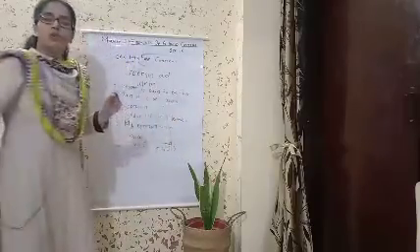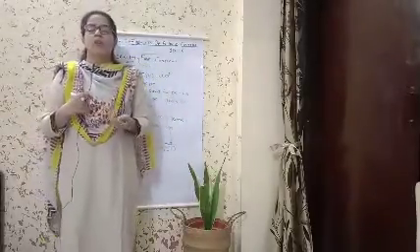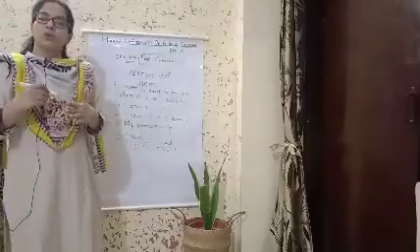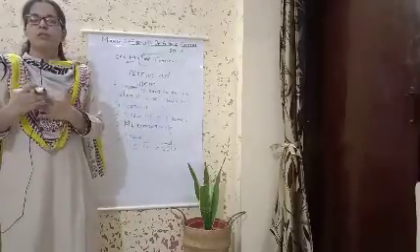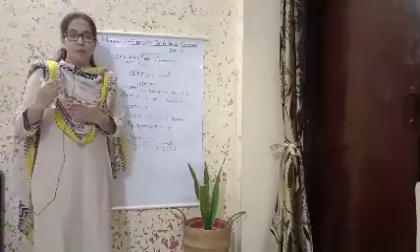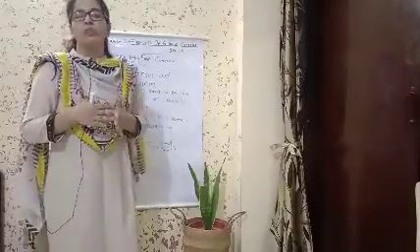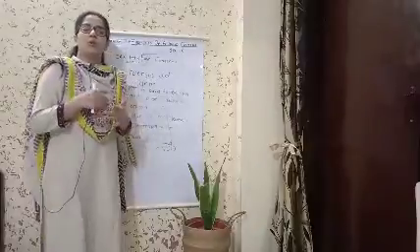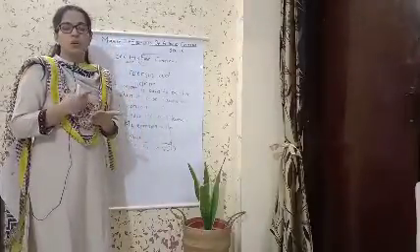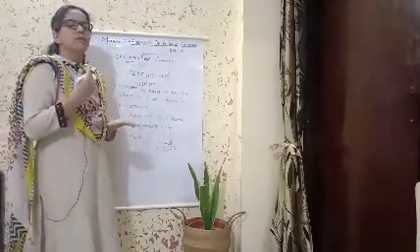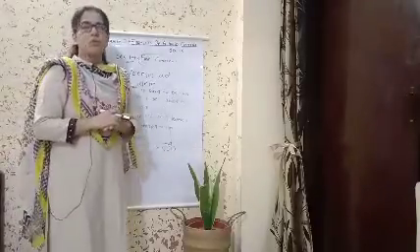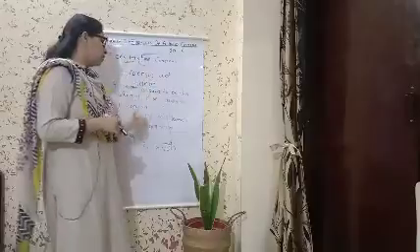Do you know the difference between void and voidable? We have already seen that a contract which is enforceable at the option of one party but not at the option of the other is a voidable contract. The party at whose option the contract is not enforceable is, of course, the aggrieved party, whose consent was not free, whose consent was taken because of any of these.